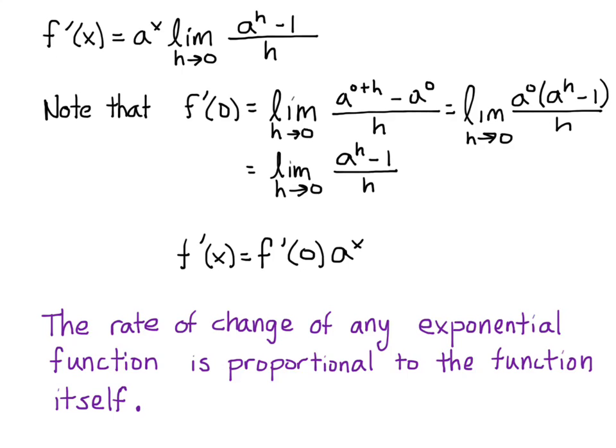The other way that we could do this is that since x is independent of h, you can factor this out. And so what you get now is, as h goes to 0, this becomes 1, so we have the x times 1. It's exactly the same thing that we're doing here, where a to the x is independent of h, and so that's why I could factor it out. Okay, so my statement in purple: the rate of change of any exponential function is proportional to the function itself. All right.